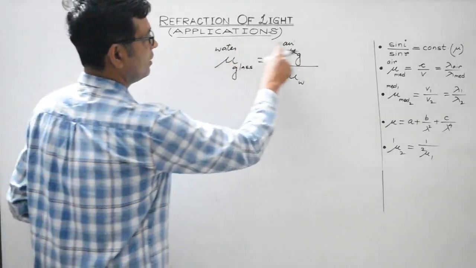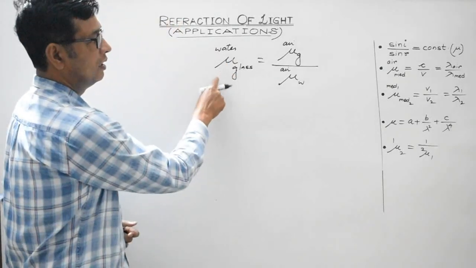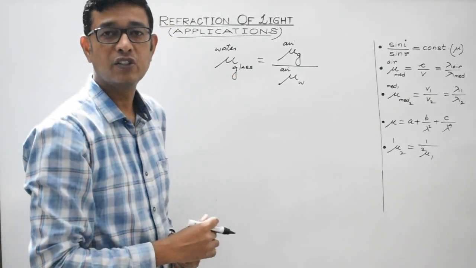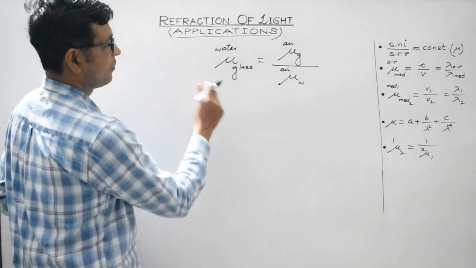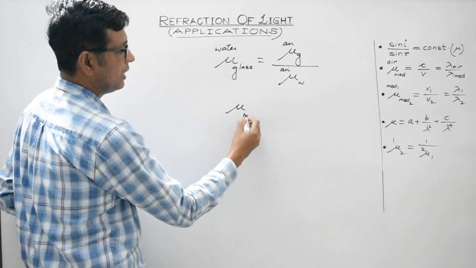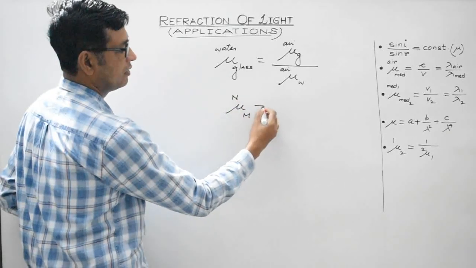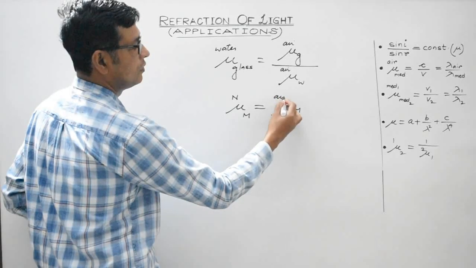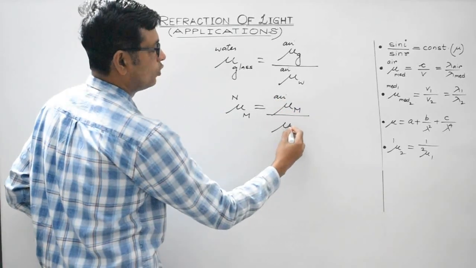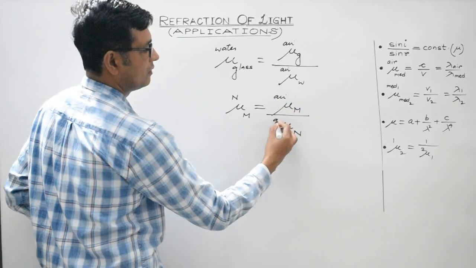This is the formula I am talking about. It follows from refraction through multiple media, which we'll discuss in a later section. So the refractive index of medium M with respect to medium N is given by the absolute refractive index of medium M divided by the absolute refractive index of medium N.